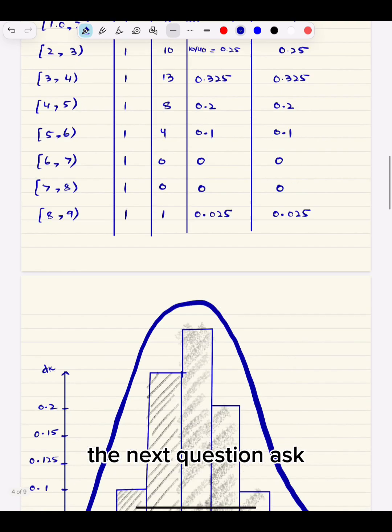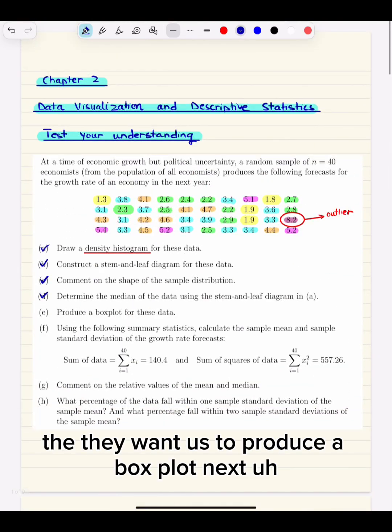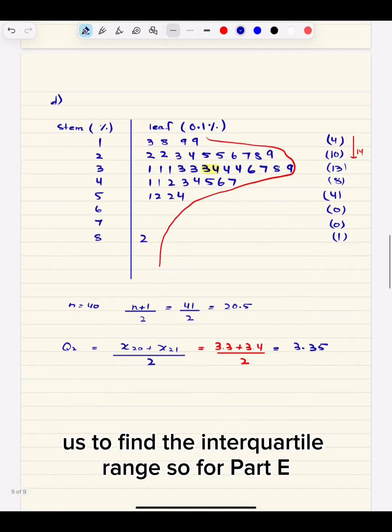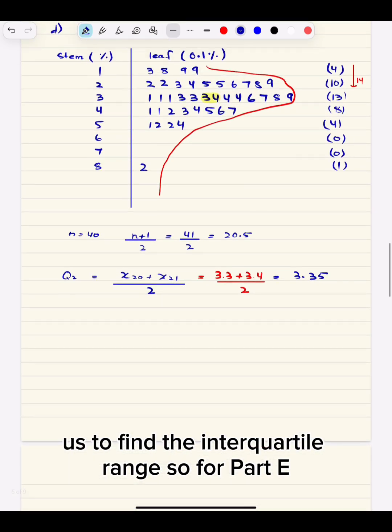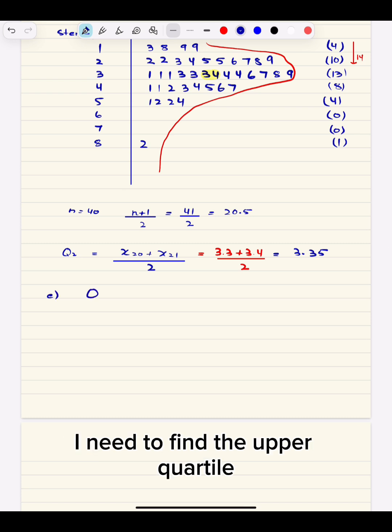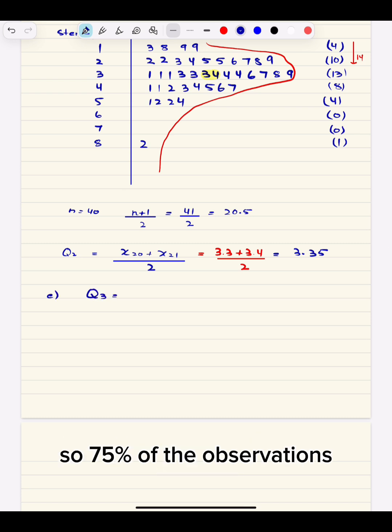What does the next question ask? They want us to produce a box plot next. Remember, the box plot requires us to find the interquartile range. So for part E, I need to find the upper quartile. 75% of the observations lie below it.